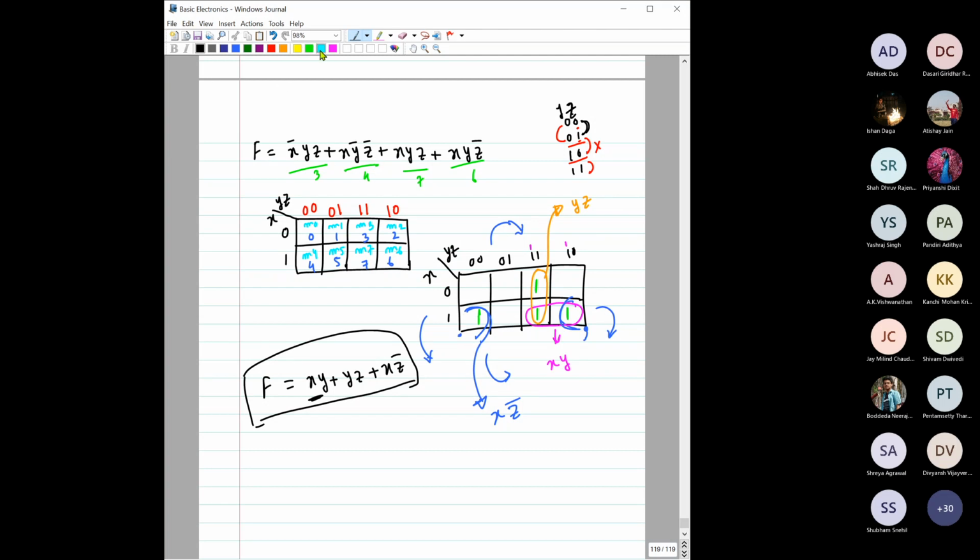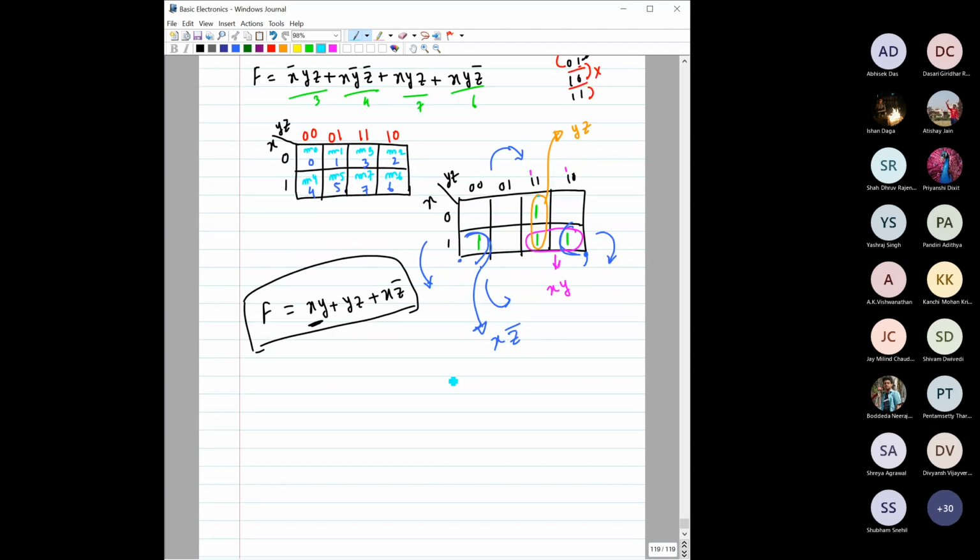I am happy that you have noticed it. See here, this one, we could have taken it like this, covering all the ones. We could have taken it like this: x, y, z, 0, 0, 0, 1, 1, 1, 1, 0, 0, 1. Then we have this 1, 1, 1, 1. We could have taken this. That way we have covered these two ones.